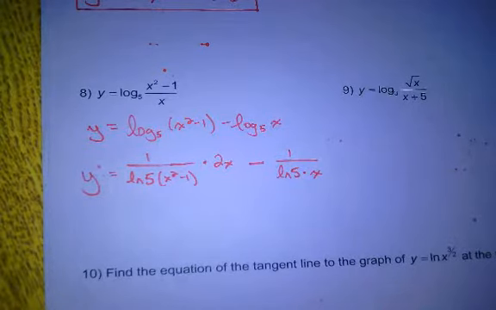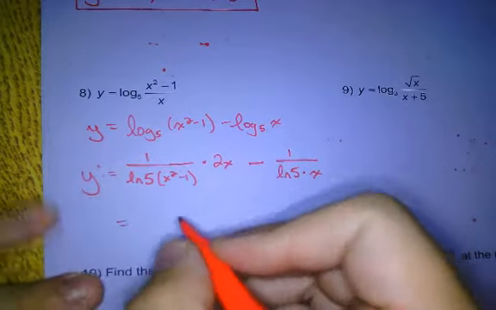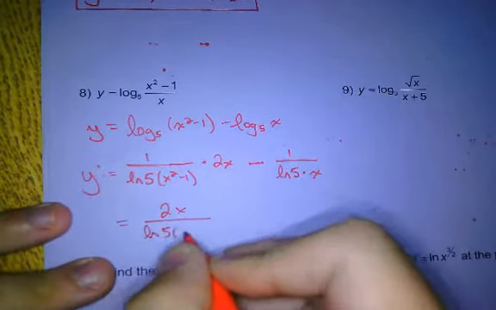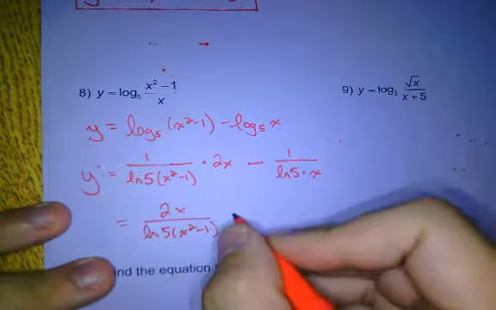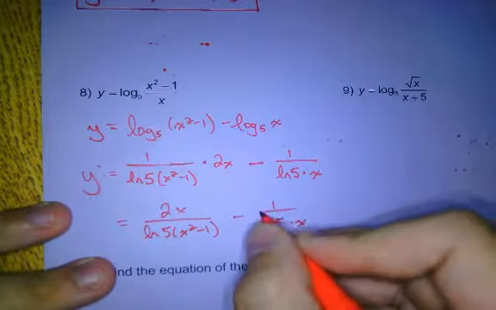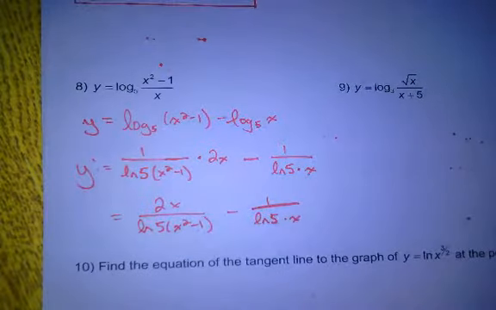I mean, I can rewrite it a little bit, but there's not really much going on for a rewrite here. So it's going to be 2x over ln of 5 x squared minus 1 over ln of 5 times x. Alright, we good?